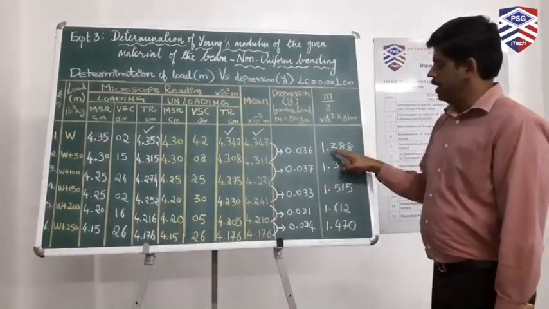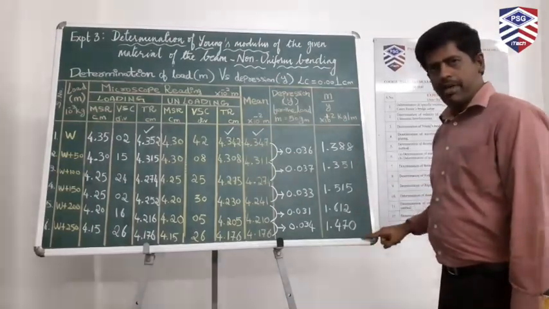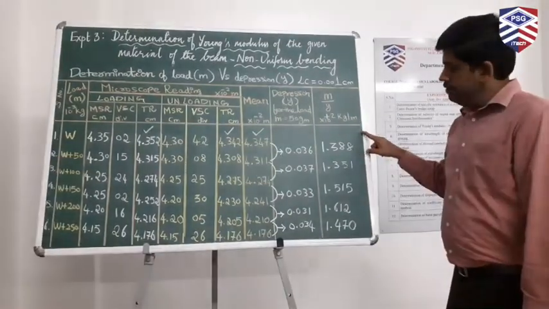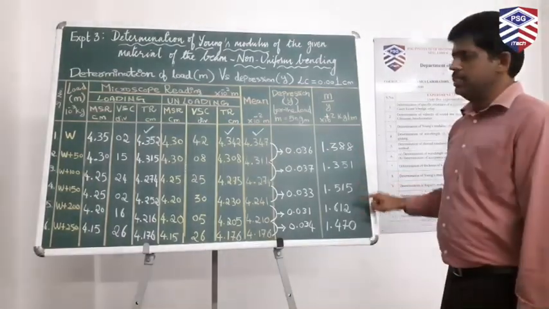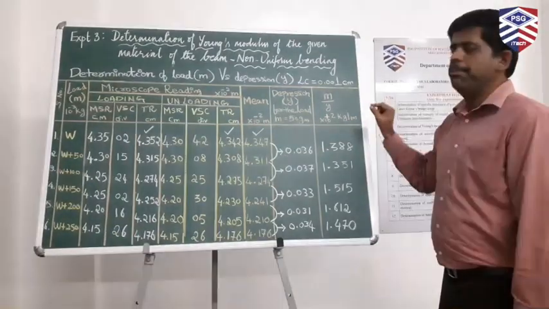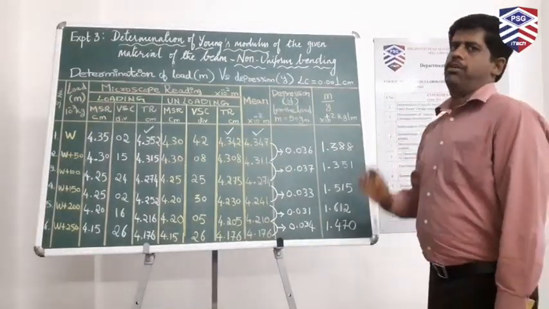Likewise, M by Y can be calculated for all the 5 values. At the end, we will be taking the mean value for all these 5 values. That will be the M by Y value for this particular table.